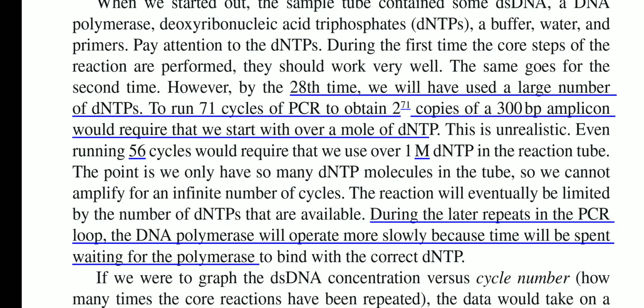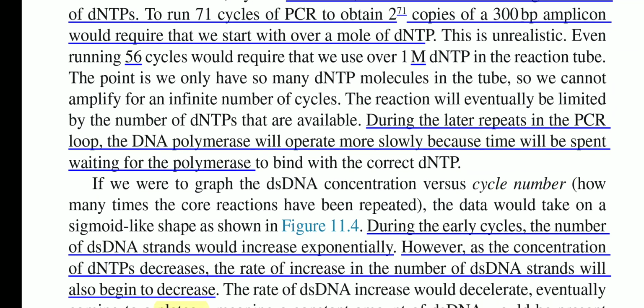So with this huge amount of dNTP consumed in a very small space, the gradually decreasing amount of dNTP will, after a certain cycle, slow your amplification rate, and after some time, because of complete absence of dNTP, there will be no further cycles. So we have to set our machine in such a way to obtain this number of cycles.